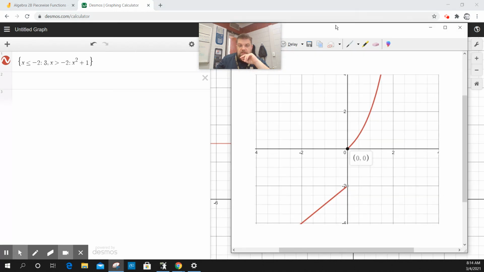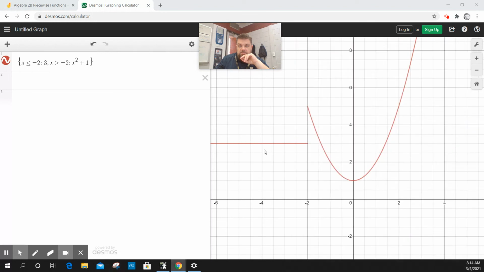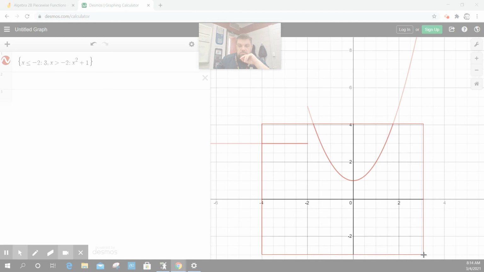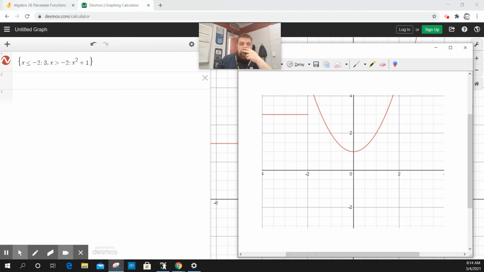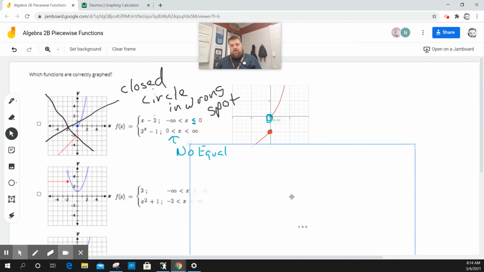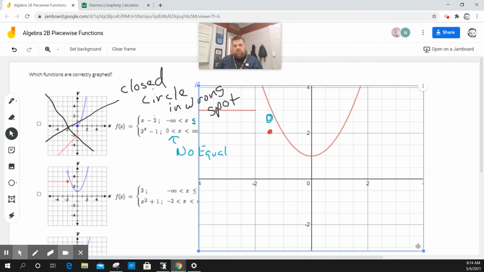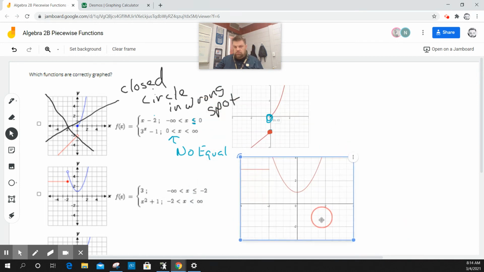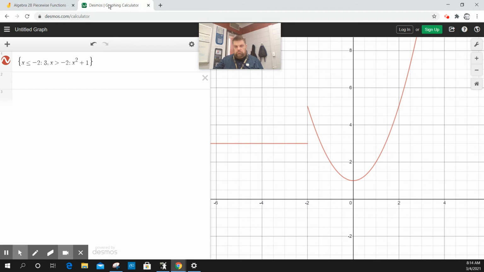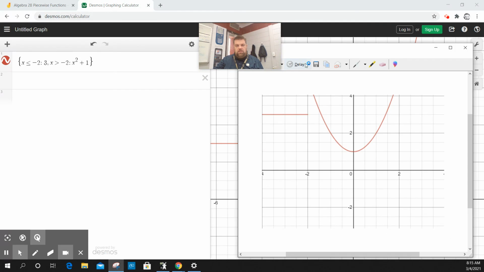So this is going to look a lot like the graph again, but we still have to make that determination: where is that open and closed circle supposed to be? Wait, I have to take that picture again. I didn't include everything.